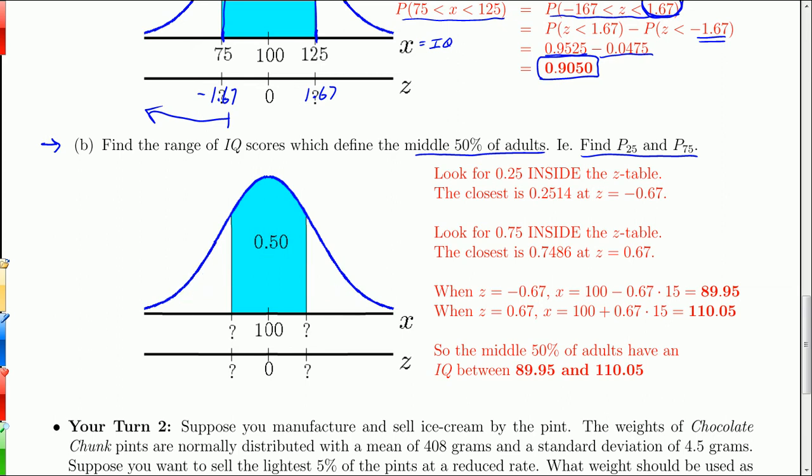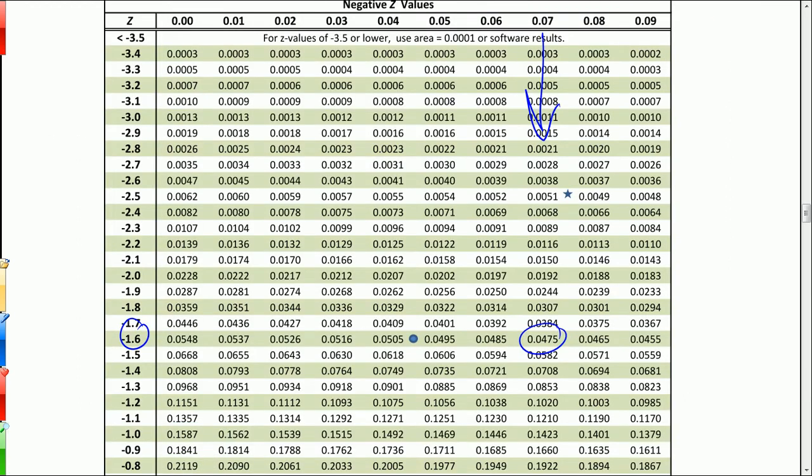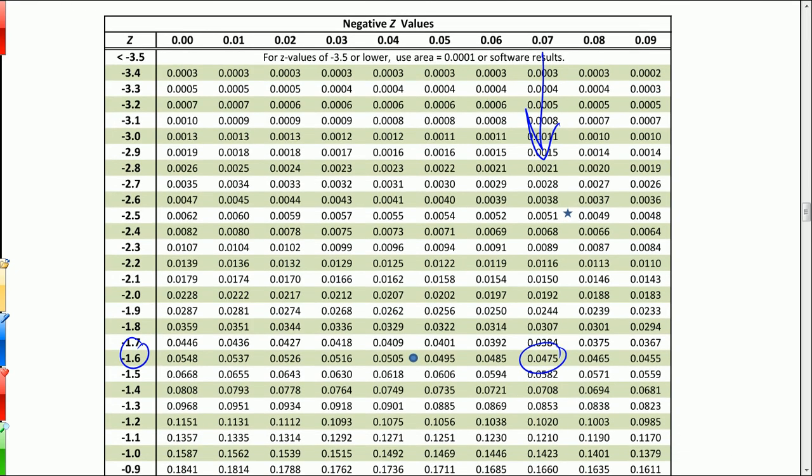Okay, so to find the first one, I know that 0.25 lies to the left of that value. So I'm going to look for 0.25 inside the z table. I can tell it's a negative value because it's below the mean. So I'm on the negatives, good, and I'm looking for 0.25 inside this table.